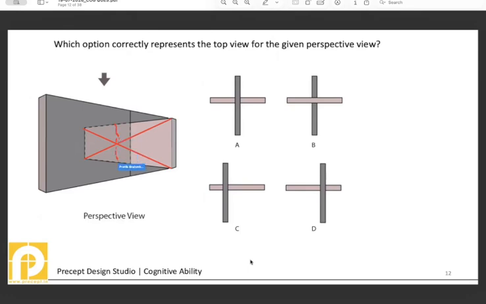Okay, pink wala. And if I draw the midpoint of the plane gray colored, this is where the midpoint of the gray colored plane will be.